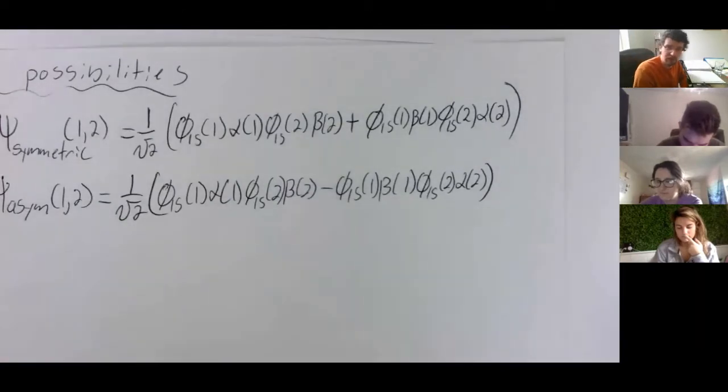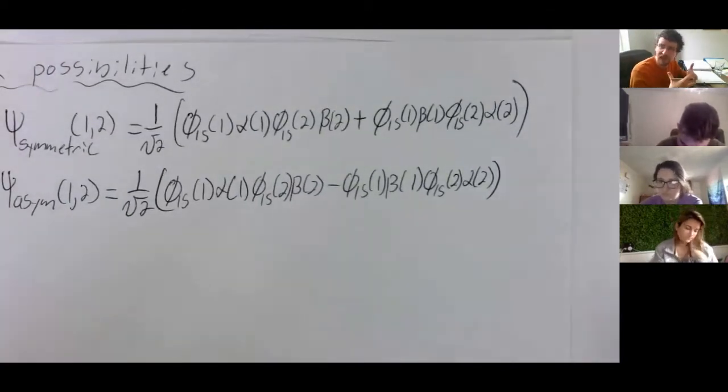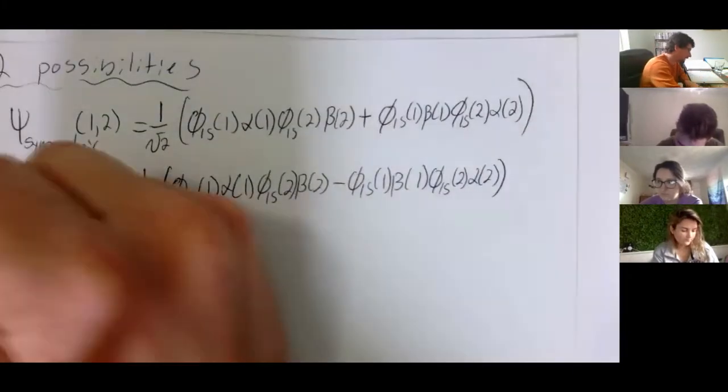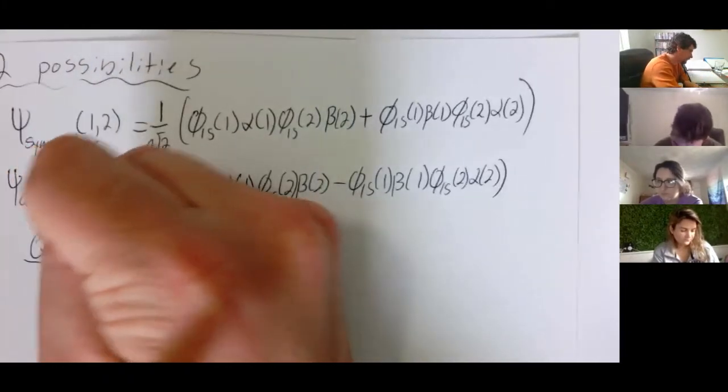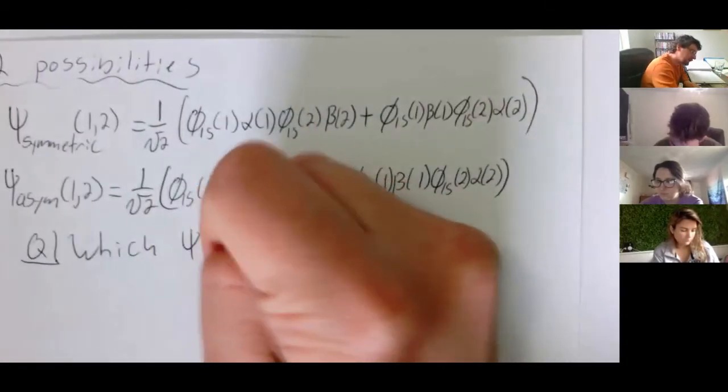So then we arrive at the question, which one of these is right? Is the symmetric or the asymmetric wave function correct? Which wave function is the right one then?